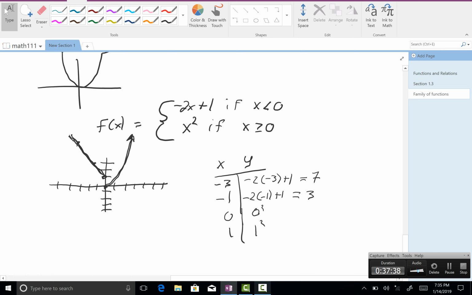So it's condition, colon, function, comma, condition, colon, function, inside curly brackets. And that is a piecewise function.